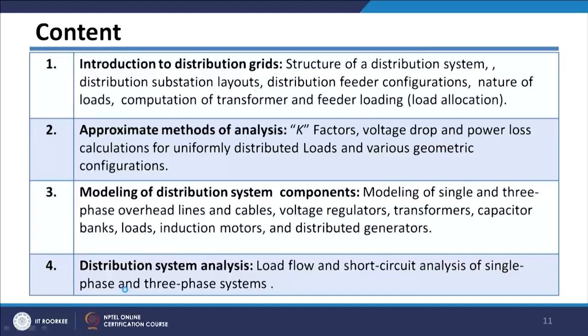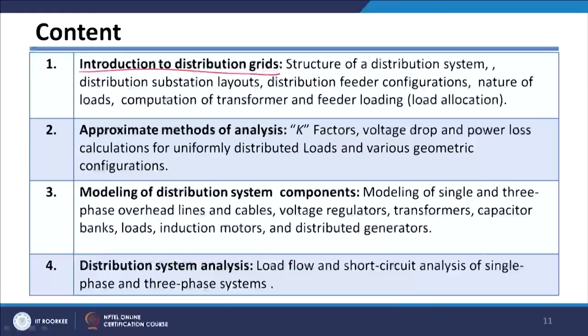Out of these, the first chapter is based on introduction to the distribution grid. In this chapter we will see the structure of distribution system, substation layout, distribution feeder configurations, nature of loads, computation of transformer and feeder loadings, that is nothing but your load allocation.